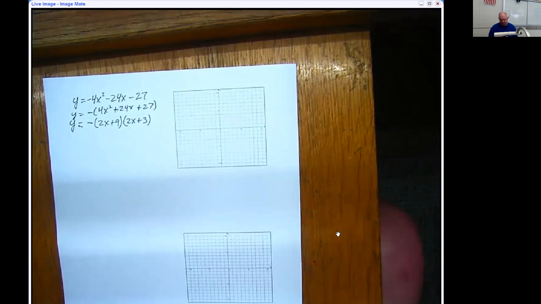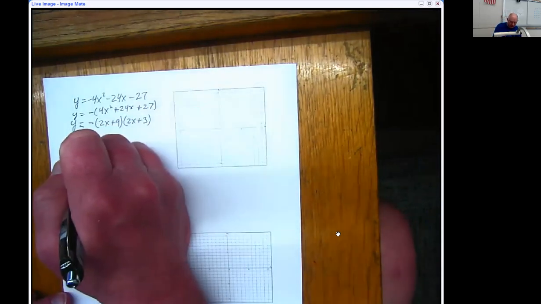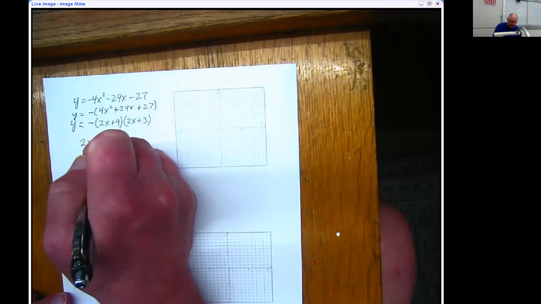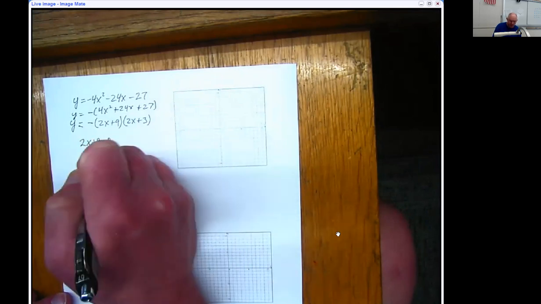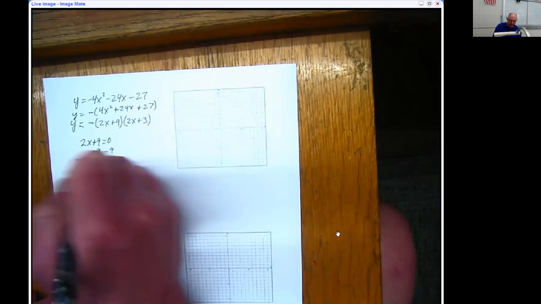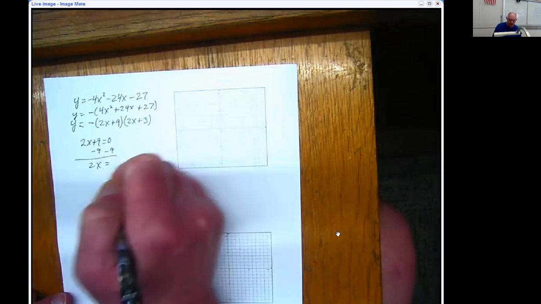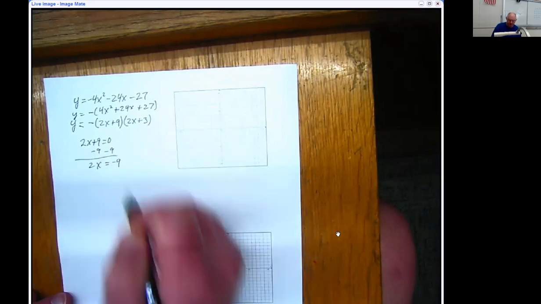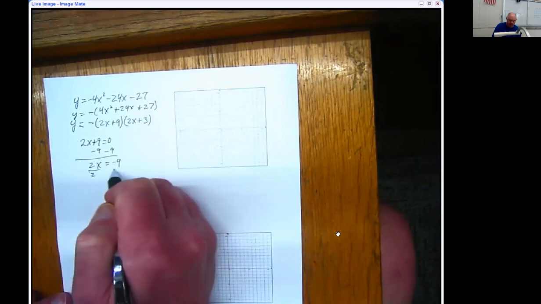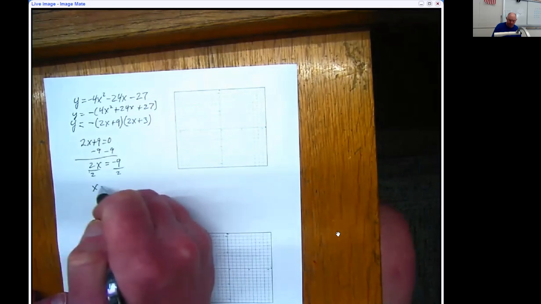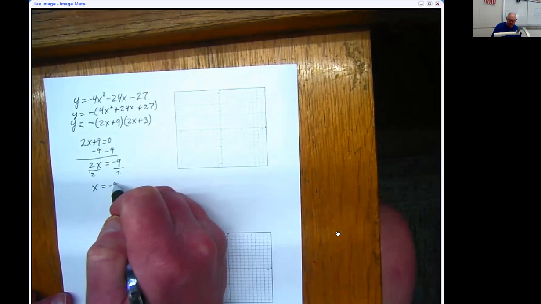Okay, so now our zeros. Okay, so when I set this equal to 0, I'm going to subtract the 9. 2x equals -9, divide by the 2. And I get x equals -4.5.